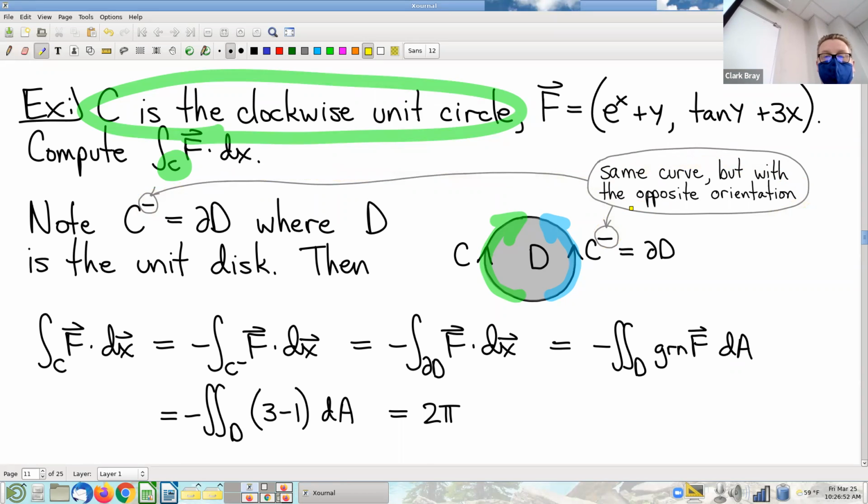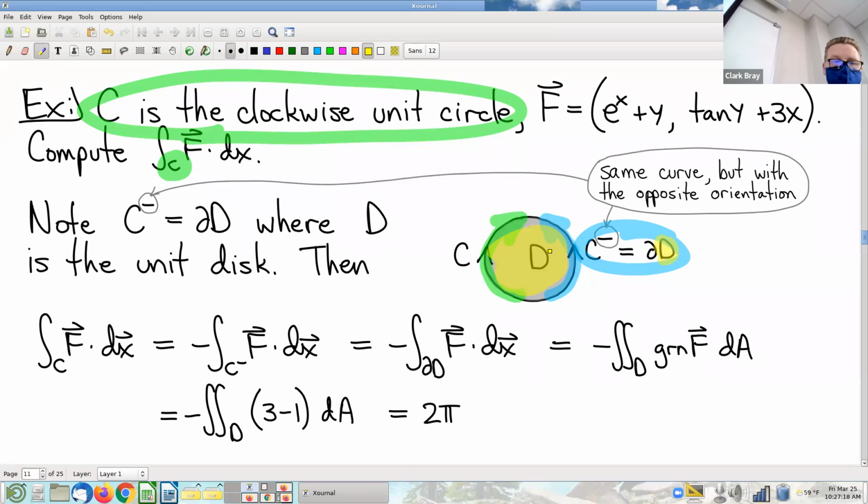And this counterclockwise oriented one is a boundary. It's literally the boundary of this ball in between there. So what we're going to do is compute the green line integral by relating it to the blue line integral, and the blue one's the one we're actually going to compute. Okay, does everybody see what happened there?